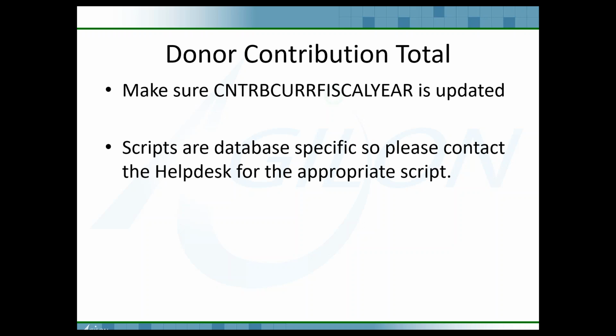So what I mean is Oracle has its own, DB2 has its own, SQL Server. So you'll need to contact the help desk to get the appropriate script. And then you can put it right in that same folder where the old donor contribution process is, and just mark it old or move it somewhere else so that you'll just run this new process now.